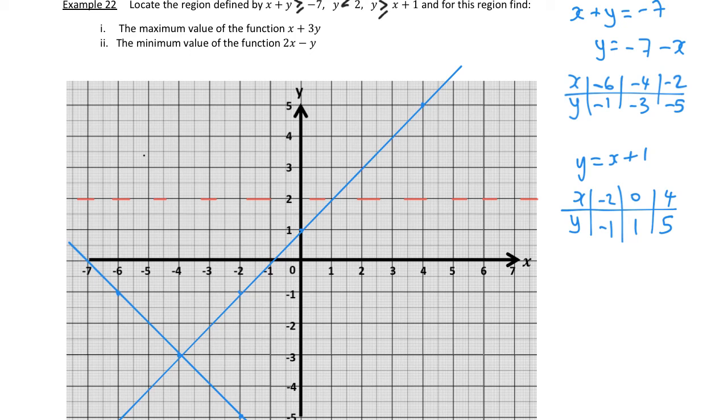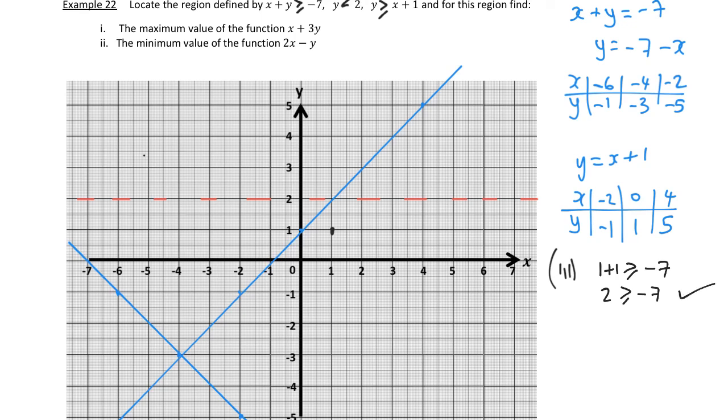Now we need to think about shading, so we pick a point, and I'm going to pick (1, 1). If we substitute those into the inequality, the first one, x plus y is bigger than or equal to -7, we've got 1 plus 1 is bigger than or equal to -7. So 2 is bigger than or equal to -7, and that is true.